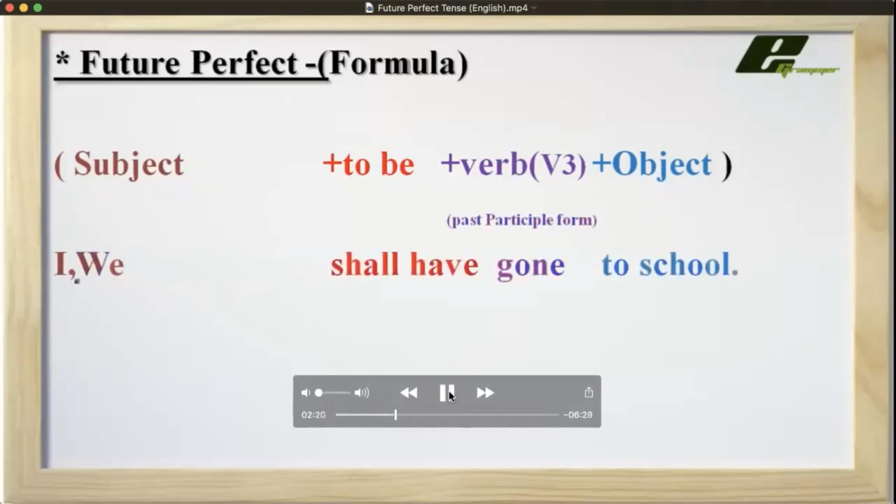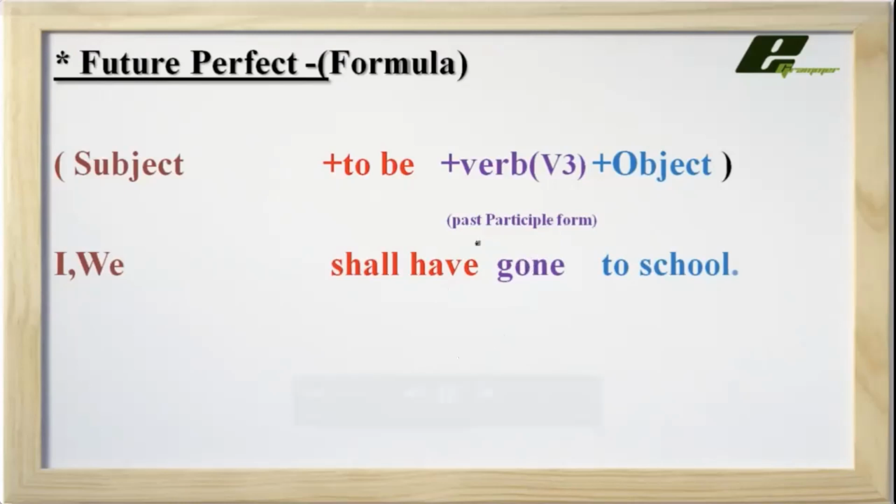If we begin with I or we, the helping verb is shall, and then have gone. Gone is the past participle of the verb go, and then comes the object, to school.